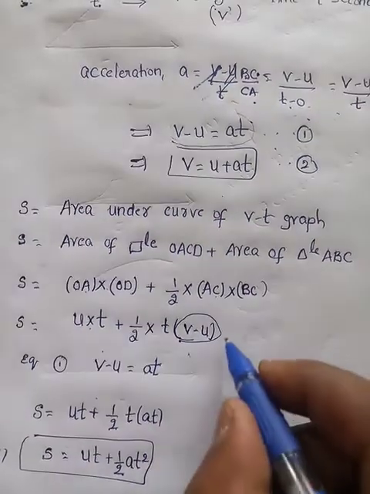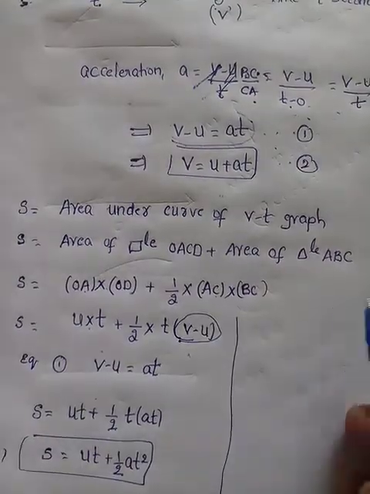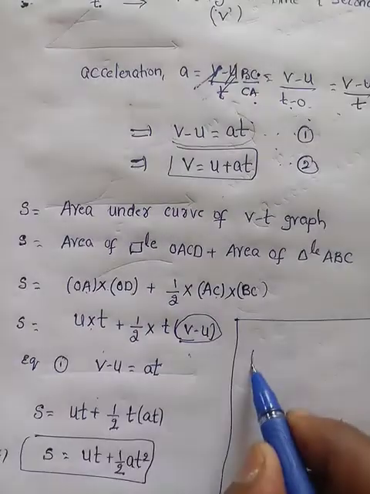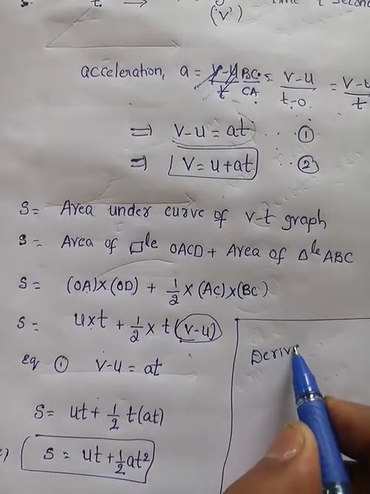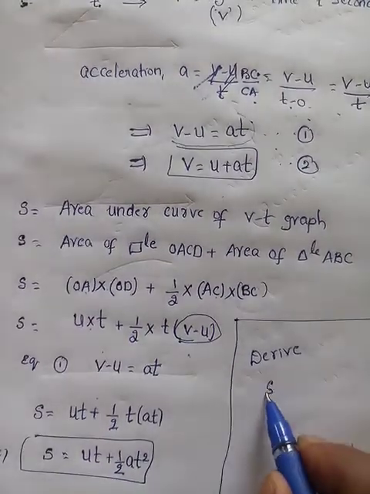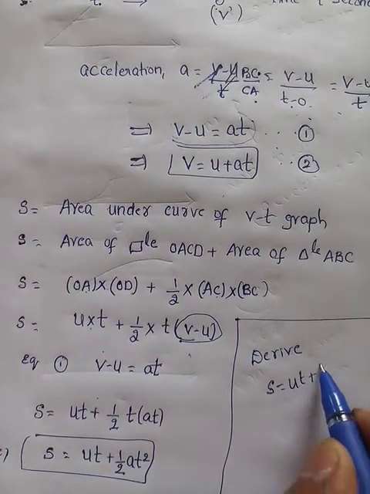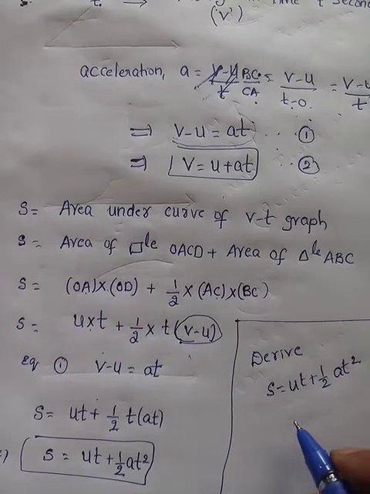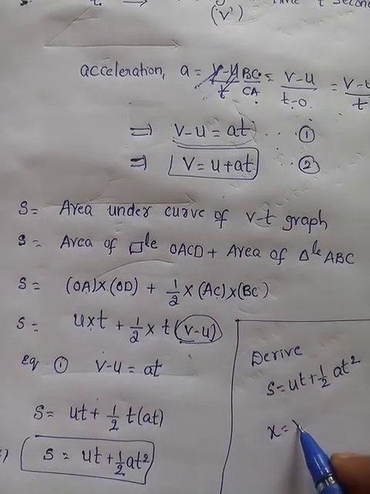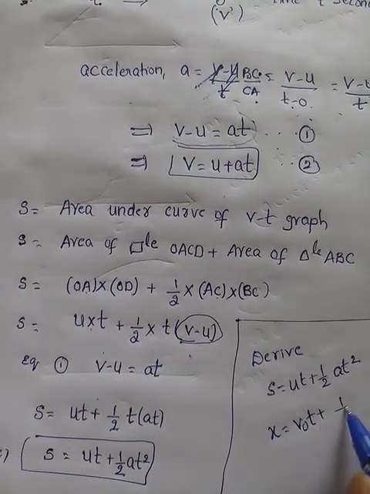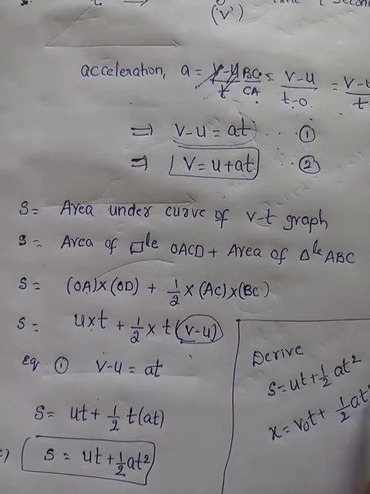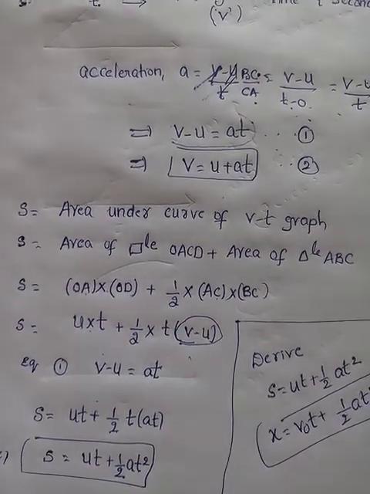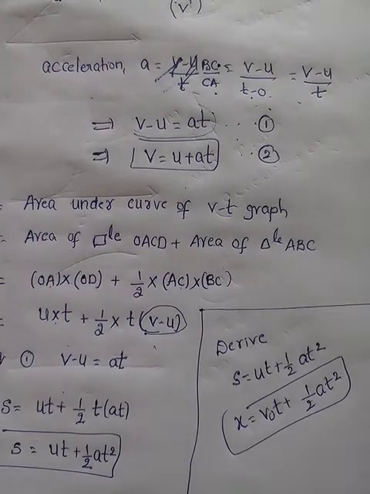Sometimes, do not get confused. Instead of S is equal to UT plus half AT square, they may ask the same question as X is equal to V naught T plus half AT square.